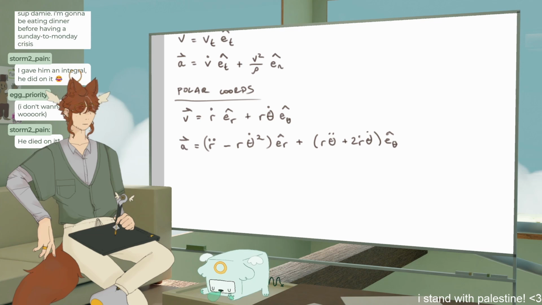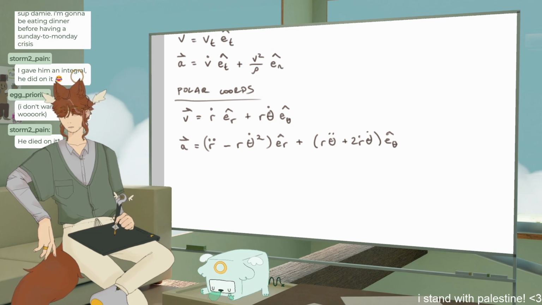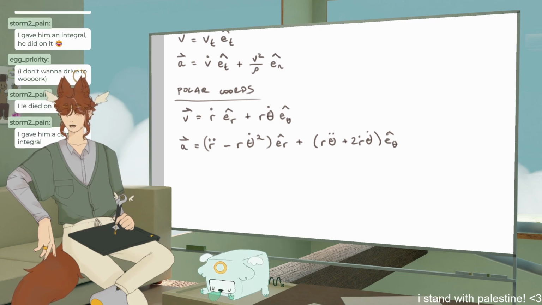I am also having a Sunday to Monday crisis because, if you guys didn't know, I go to a school in California, which is a CSU school, and all our professors are striking for a week. So I gave him a complex integral. Oh god, have I done those? I might have done those. I don't know.